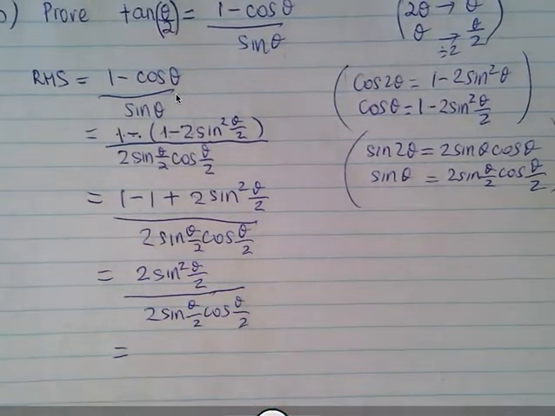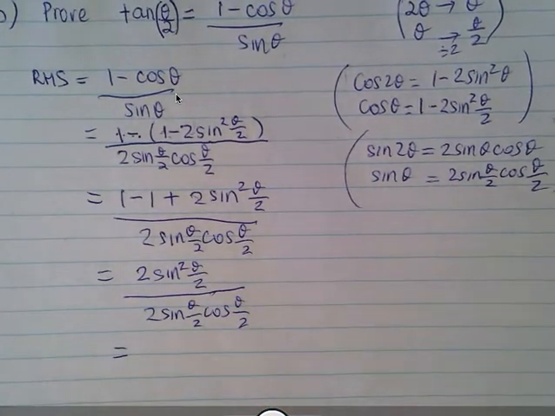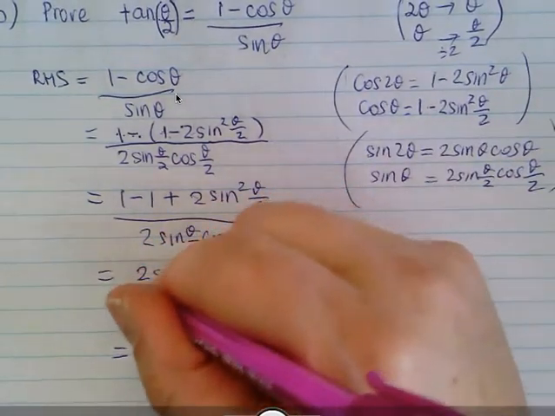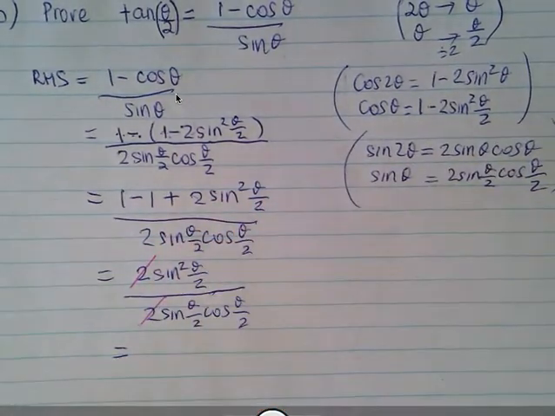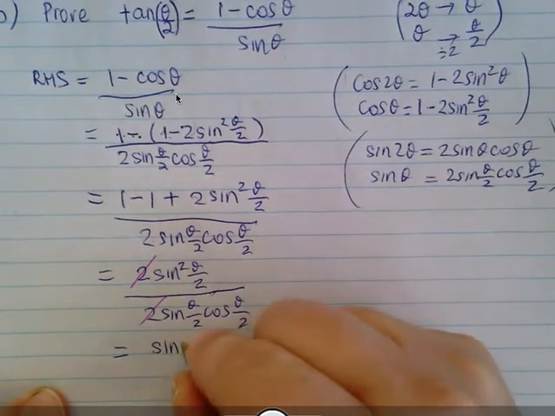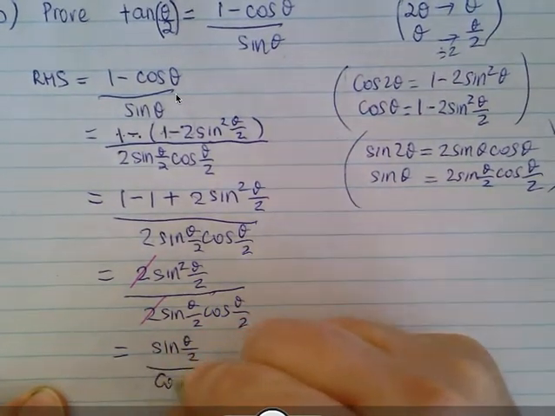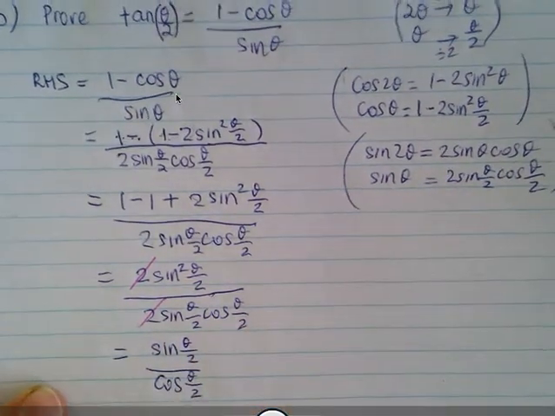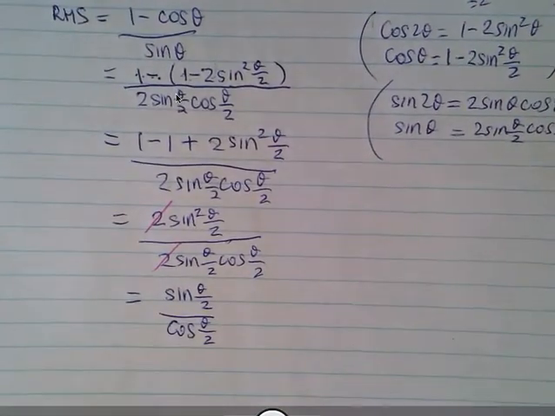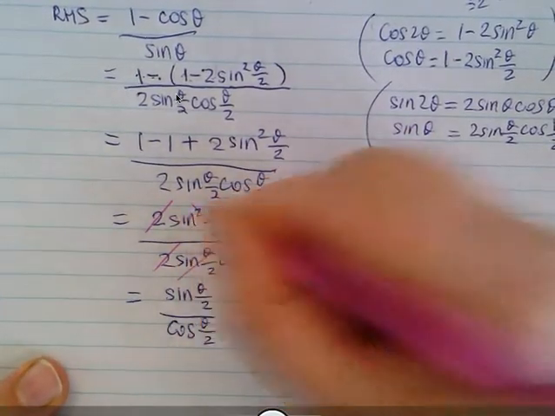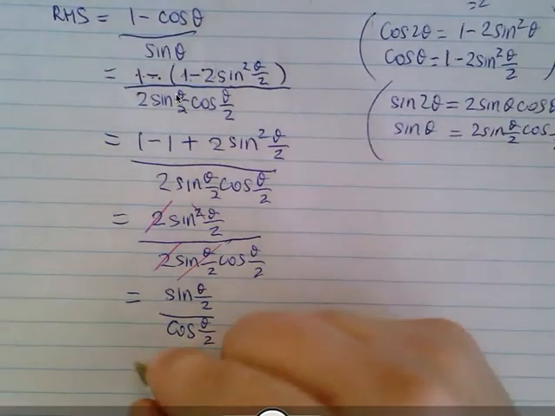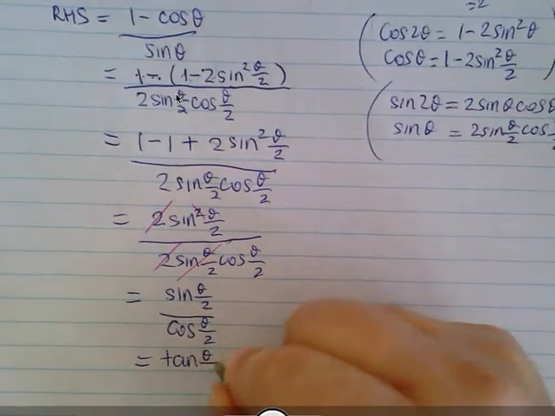The 2's cancel. One of the sine theta on 2's cancels. So it's sine theta over 2 over cos theta over 2, and you end up with tan theta on 2.